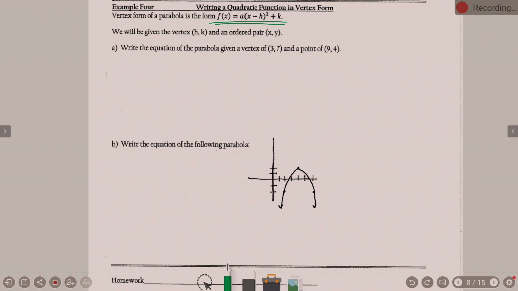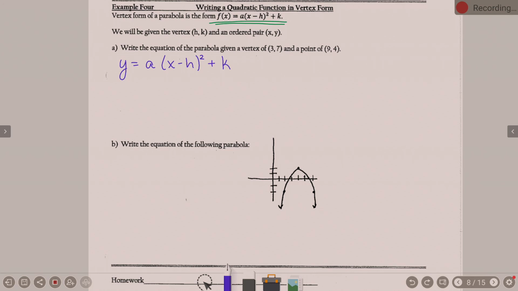Okay, so let me start by writing out what is vertex form. Vertex form, it's given up above, right? Instead of f of x, I'm going to say y equals a times x minus h squared plus k. When we're given the vertex, what are we given?